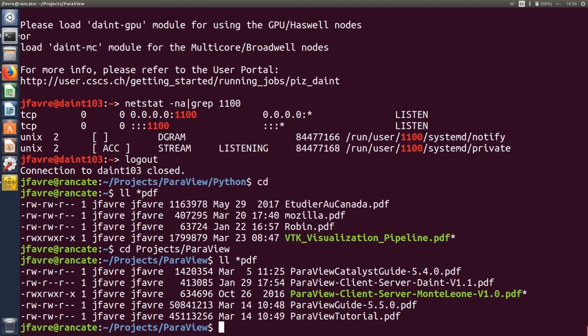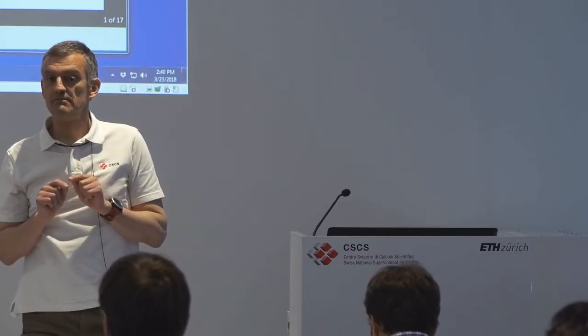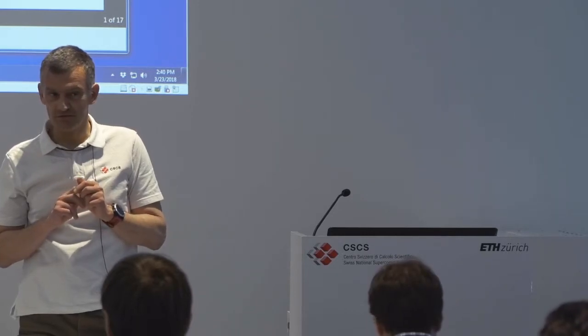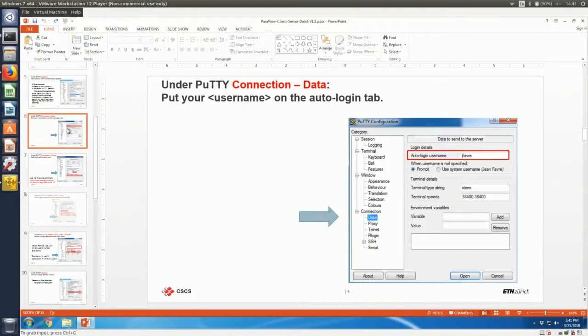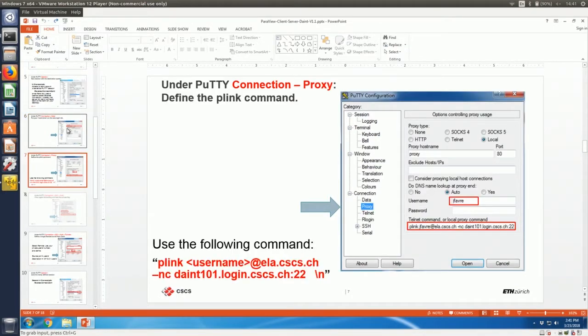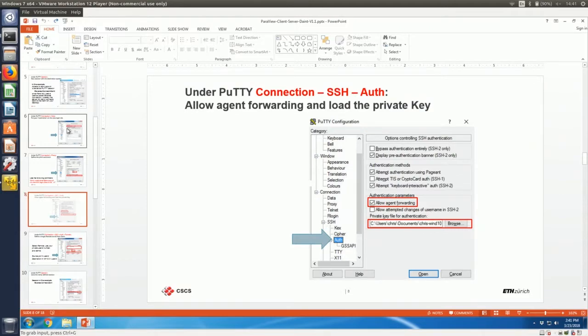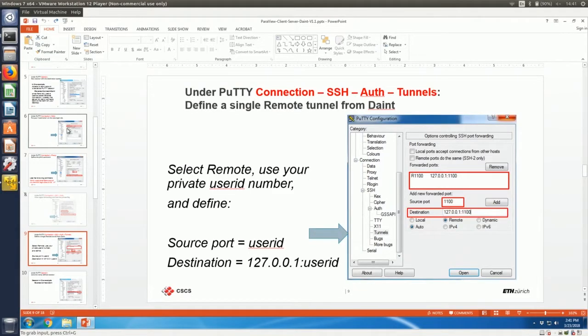On Piz Daint, the command id is the one that prints your user ID. So the username shows up here in your Putty connection proxy, one place, a second place here in this username menu, a third place in the command plink at Ela, and I think that's it.